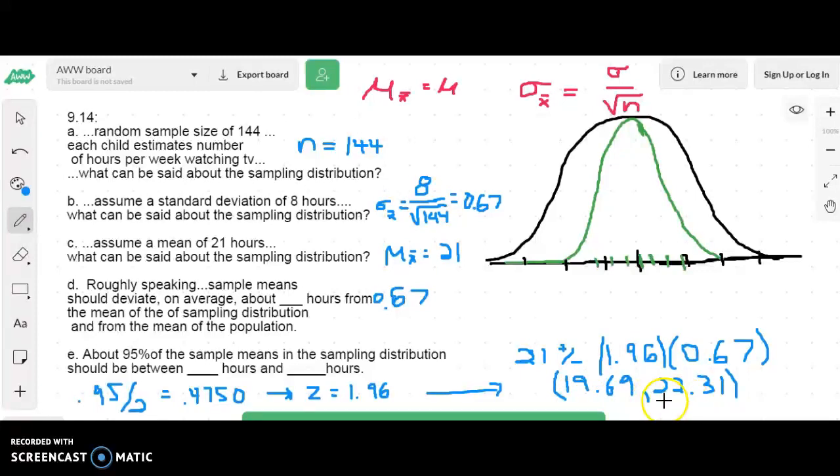If you notice, these two values are equally distant from the mean. They're on either side of the mean. So we're going to say that 95% of all the sample means in the sampling distribution should be between these two values. That's how you do problem 9.14, and that should help you with one of the last problems on our test.